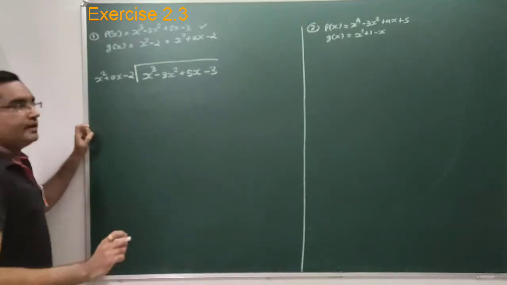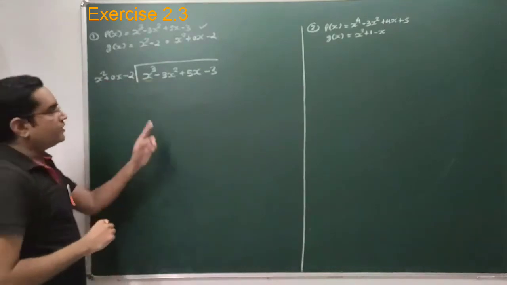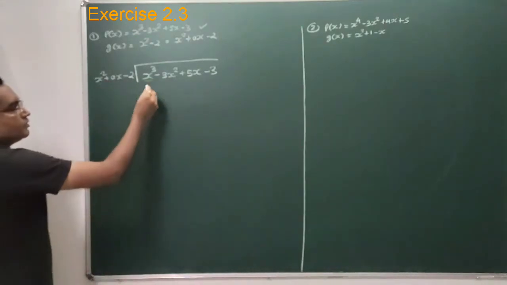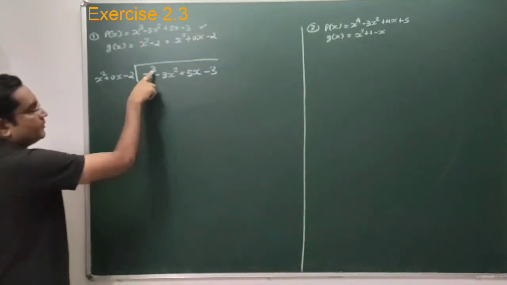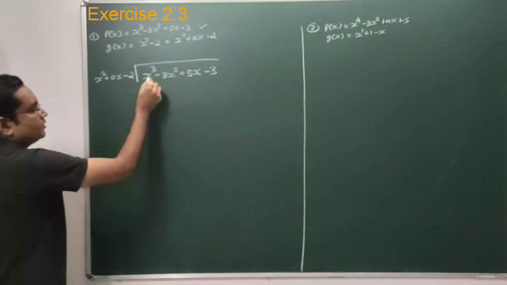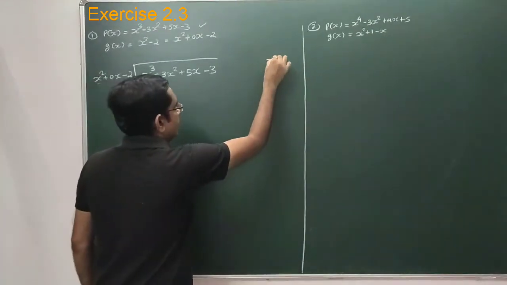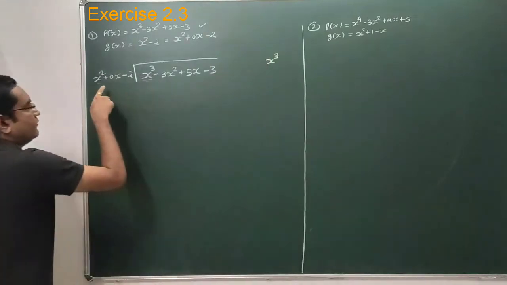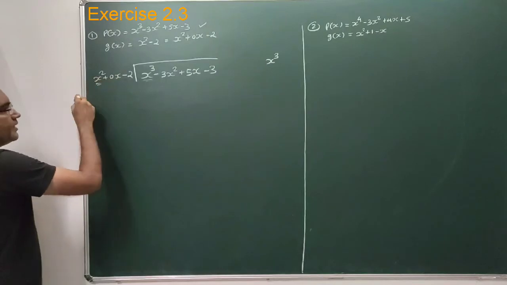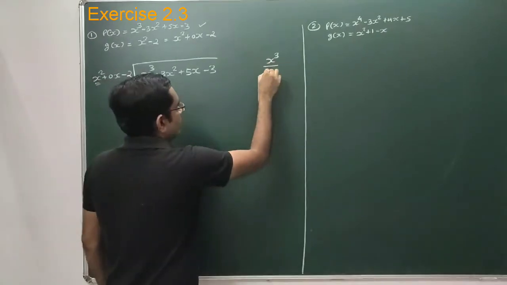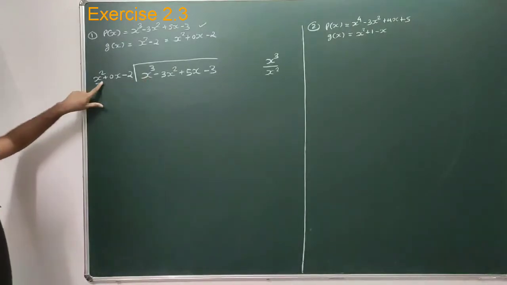You have to consider the leading terms. Leading term means the term with the maximum power of variable x. This polynomial is written in standard form, so the first term having the maximum power of variable x is called the leading term. So for the dividend polynomial, the leading term is x cube. And for the divisor polynomial, the term with maximum power is the x square term. So you have to consider the division of the leading terms of dividend and divisor.